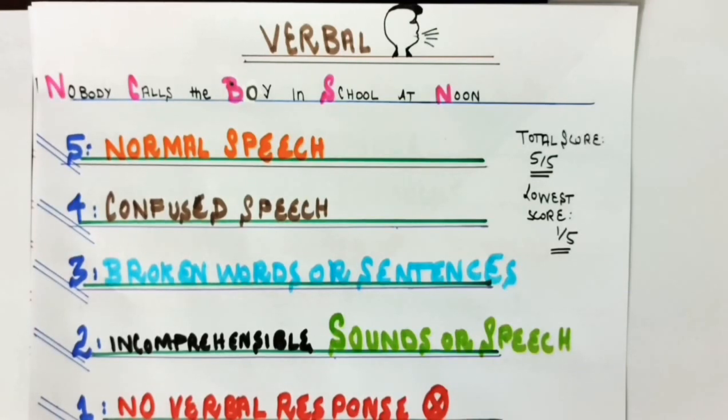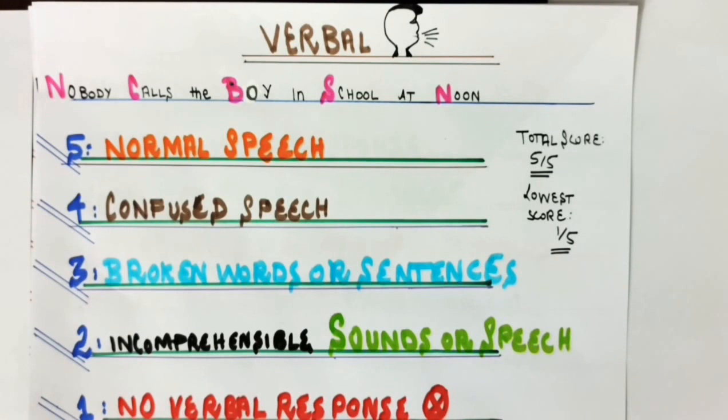So the patient might be confused, but apart from being confused, he is speaking broken words or sentences, like he might be saying who, why, and why not, at hospital, and any kind of irregular words or broken words or sentences which do not make any sense. So that gives a score of 3 by 5.